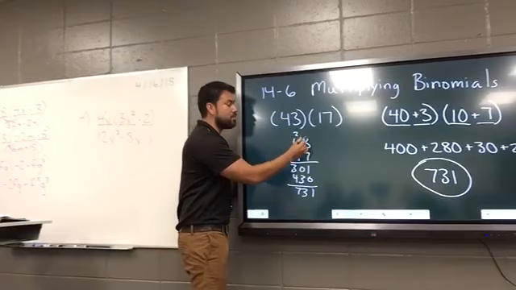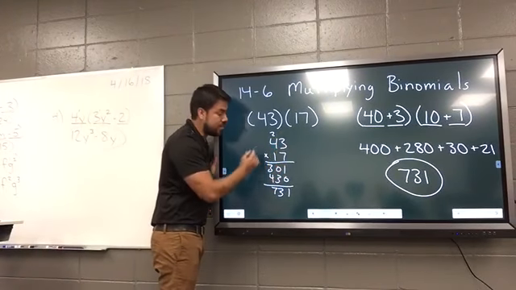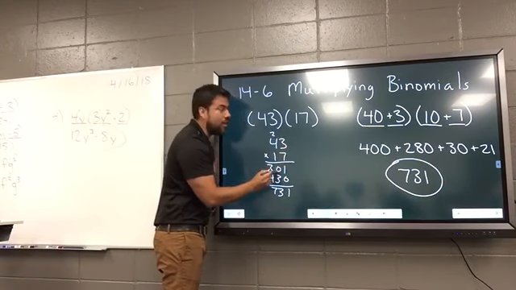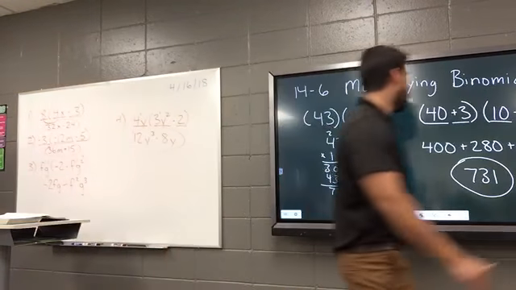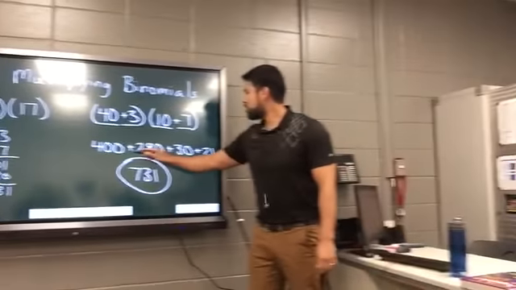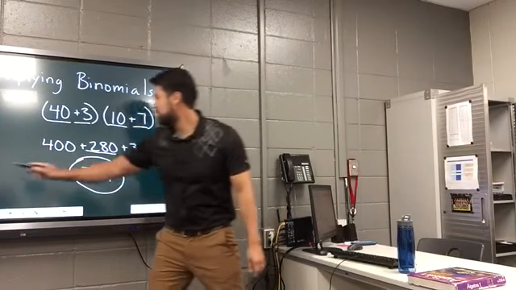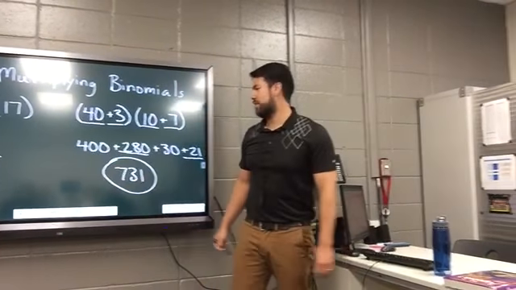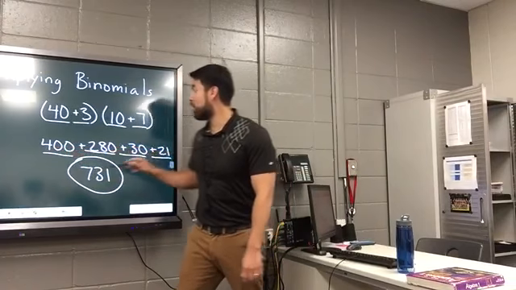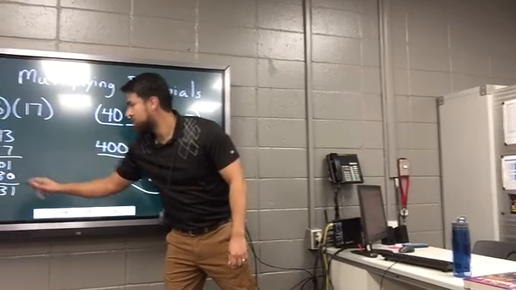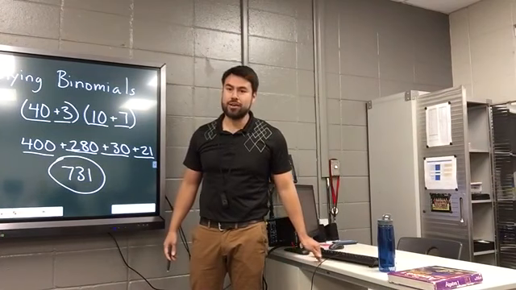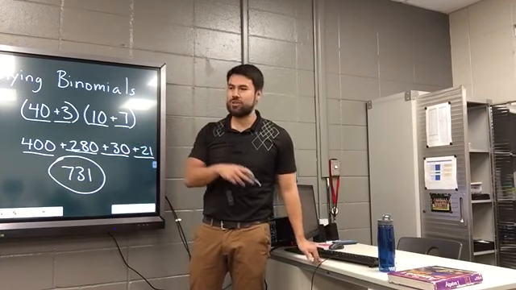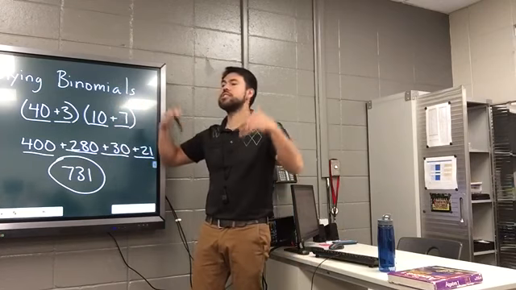You've used it in this process right here. This process is FOIL, and the extension of FOIL is also there. So here, what's 280 plus 21? 301. What's 400 plus 30? 430. You did it already. You've been doing it for many years already. You've been using FOIL, you just didn't know it.